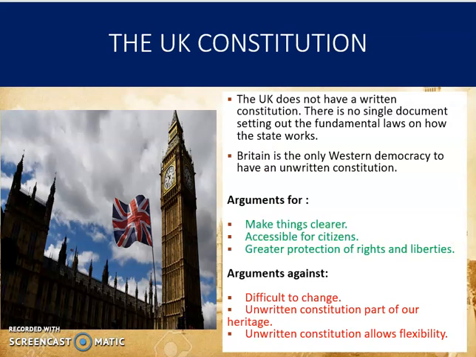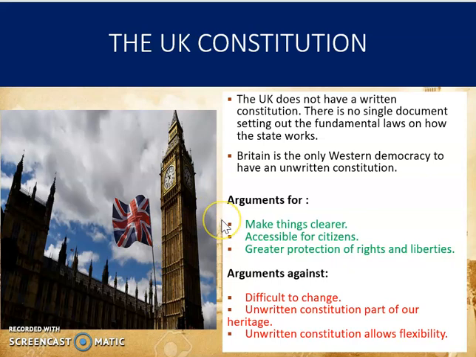Of the UK Constitution, unlike most modern states, Britain doesn't have a codified constitution. Instead, it has what we call an unwritten constitution, which is formed of lots of separate acts of Parliament, court judgments and conventions. There are arguments for and against having a written constitution, like the US has, for instance.